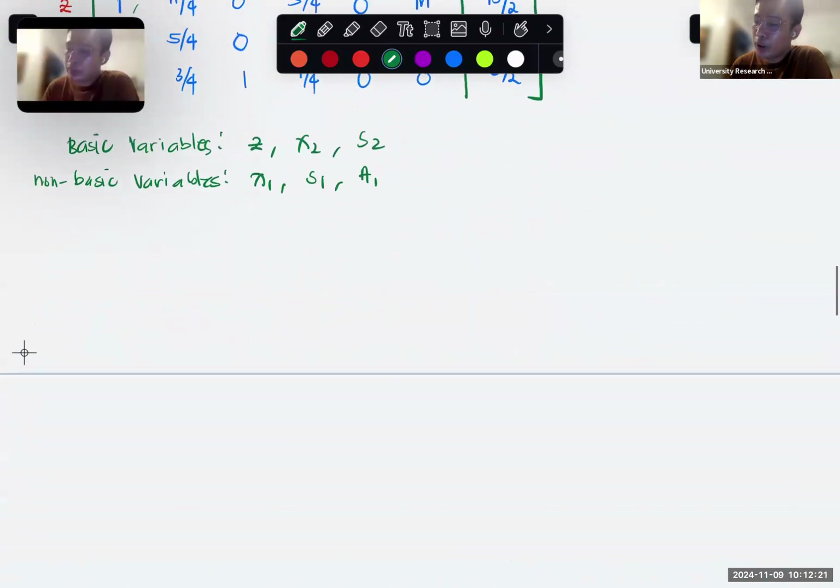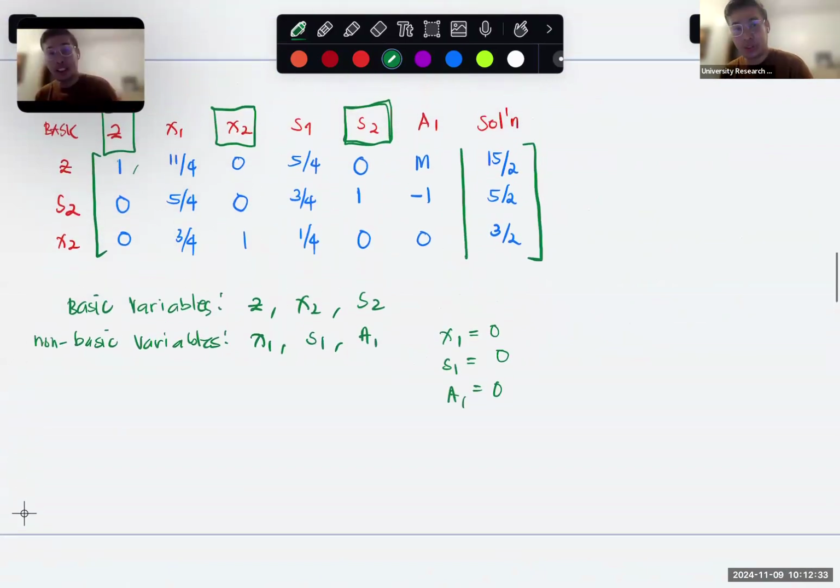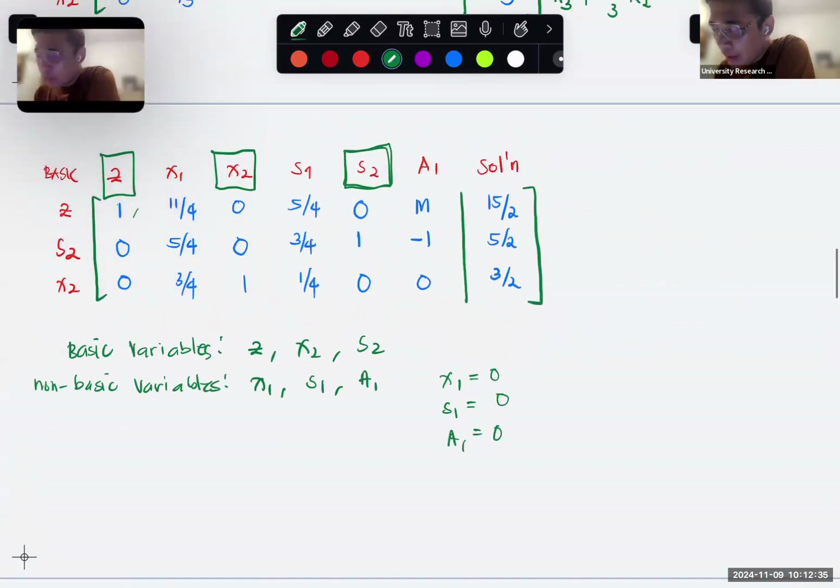And usually, our non-basic variables are automatically 0. So X1 here is 0, S1 is 0, A1 is 0. So all non-basic variables are all zeros, and only our basic variables have values.